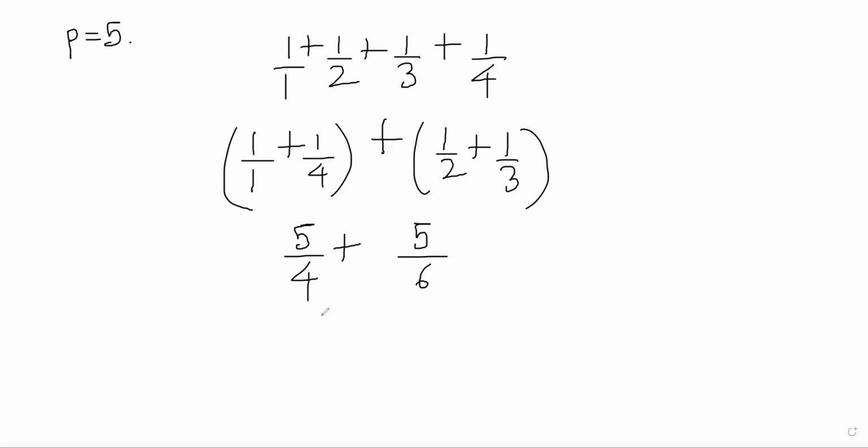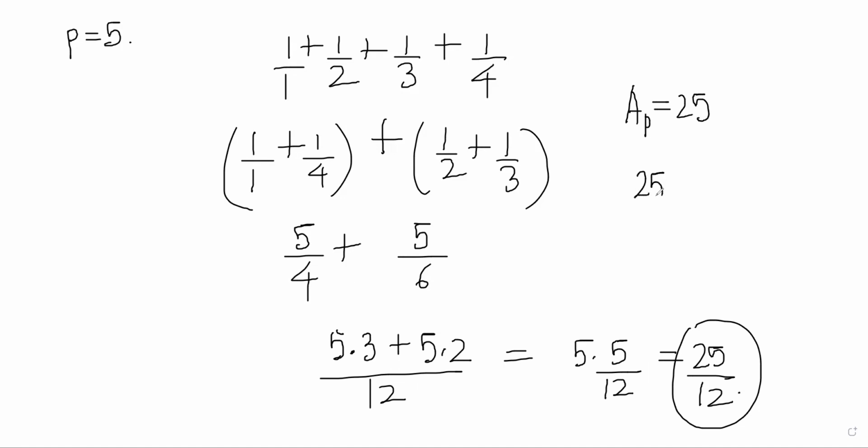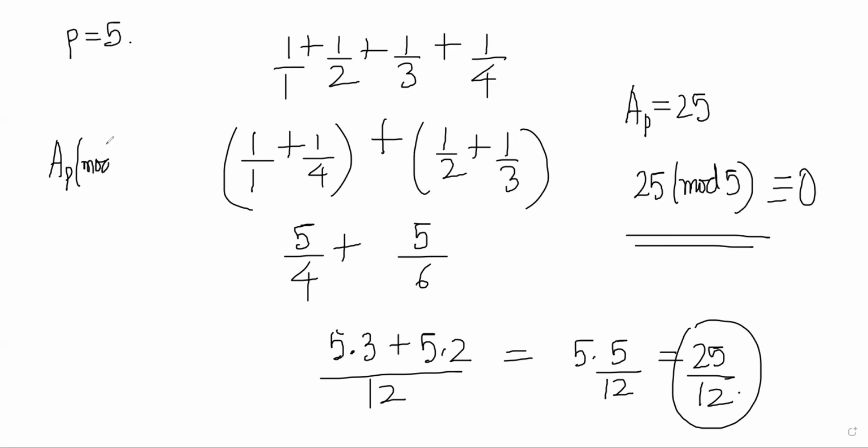And now when you add these, you get (5 into 3 plus 5 into 2)/12. So that is 5 times (3 plus 2), 5 by 12, right? So you're getting 25/12, and notice that AP is 25 and 25 mod 5 is 0. So basically what you are getting is AP is congruent to 0 mod P, right?